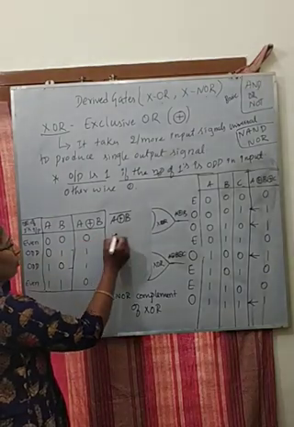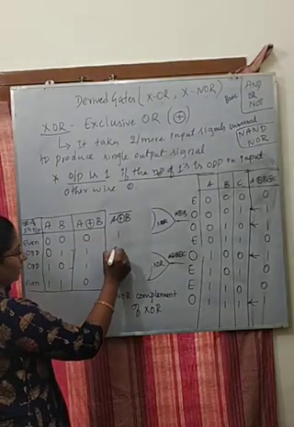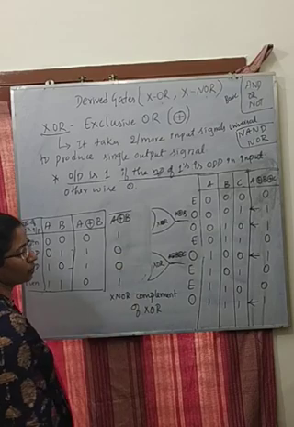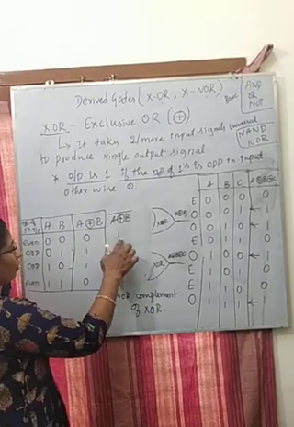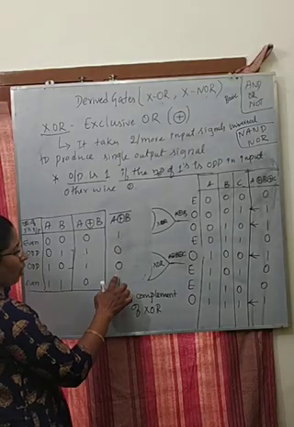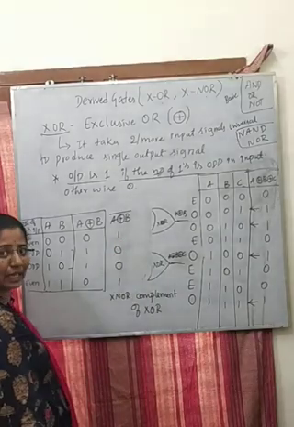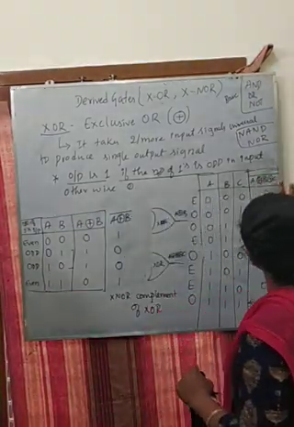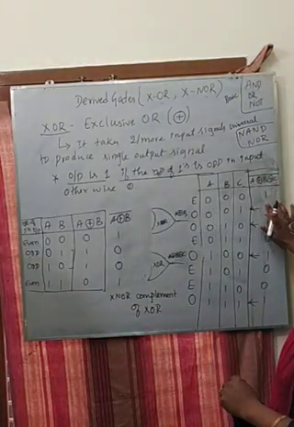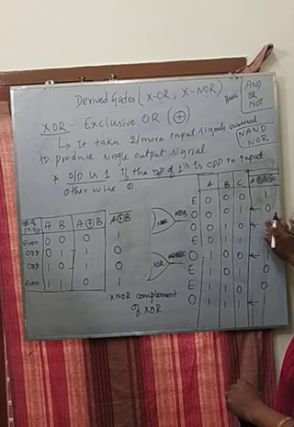That is, for an even number of ones you will get the result as 1, true, and for an odd number of ones you will get the result as 0. So here, the 0 will become 1, and this 1 will become 0.